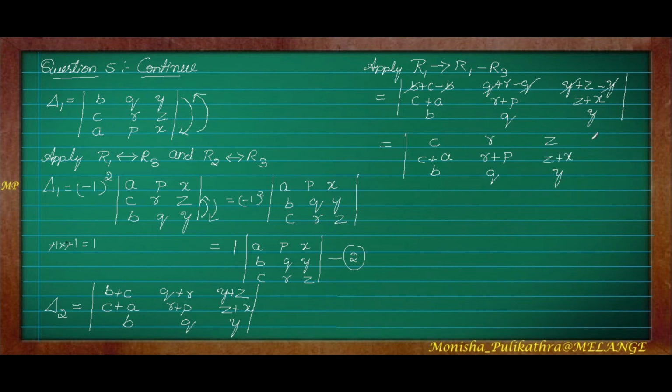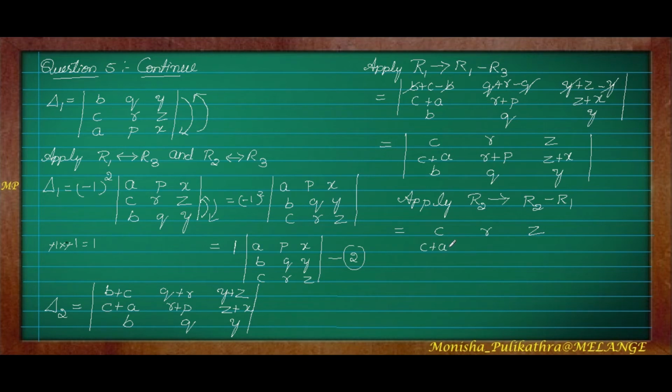Now clearly you can understand what you have to do next. You have to reduce this. So R2 you can change to R2 minus R1, right? So apply, because everything you have to reduce into a single element. Okay, so apply R2 minus R1. So first row you write as it is.